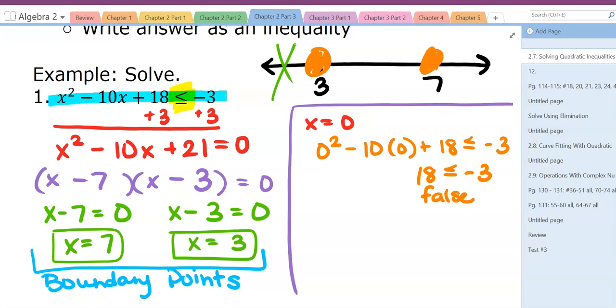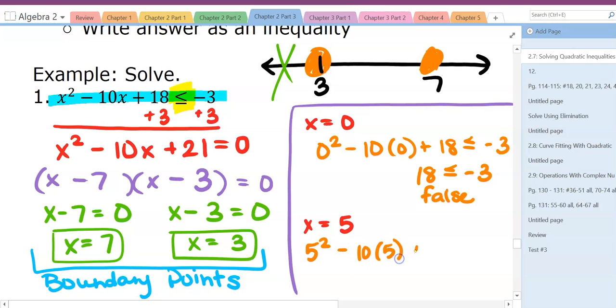Now if we pick a number in the middle, like x equals, let's just do 5, because that's in between 3 and 7. Then I put 5 in for all those x's. So I do 5 squared minus 10 times 5 plus 18 less than or equal to -3.